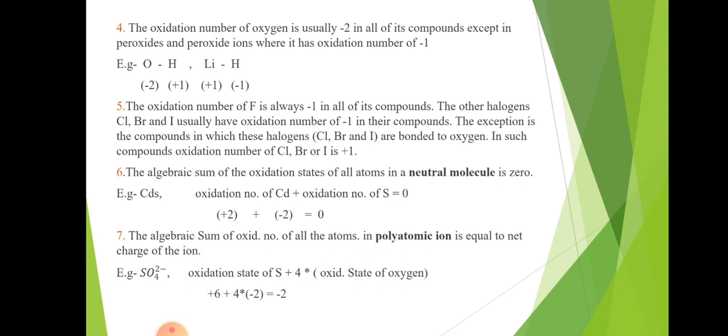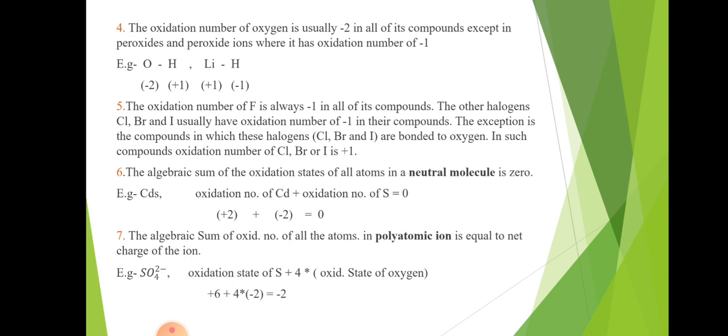For example, cadmium sulfide: the oxidation number of cadmium is +2 plus the oxidation number of sulfur, -2, equals 0. That is, the algebraic sum of oxidation states of all elements in a neutral molecule is 0.